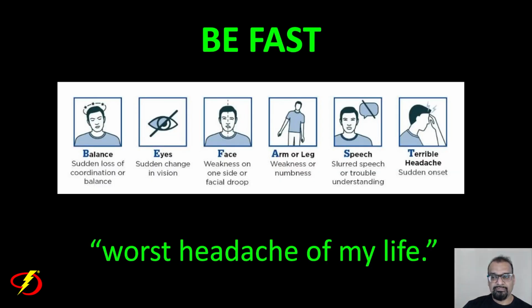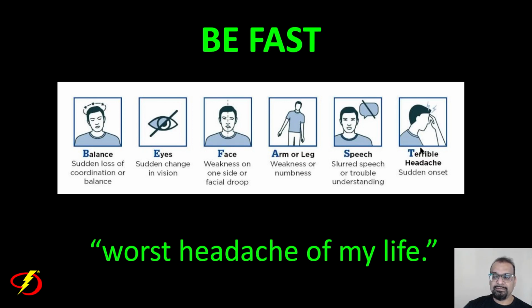Now, there's a mnemonic for ischemic stroke, the BE FAST mnemonic, that alerts us to sudden changes in balance, vision, facial asymmetry, arm or leg weakness or numbness, and speech disturbances. Any sudden signs or symptoms involving balance, eyes, face, arm, or speech mean it's time to dial 911 immediately.